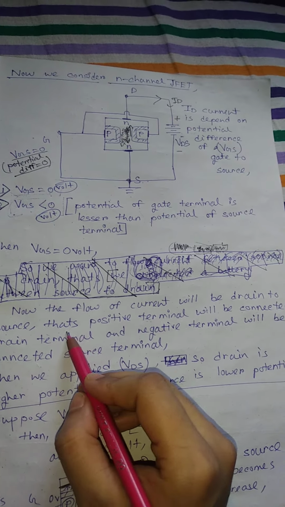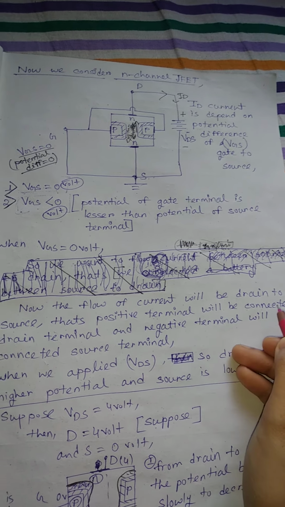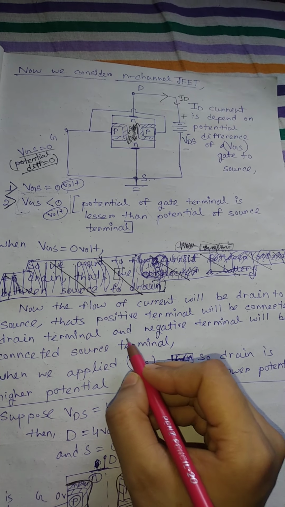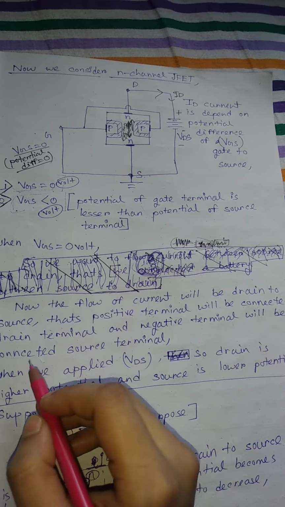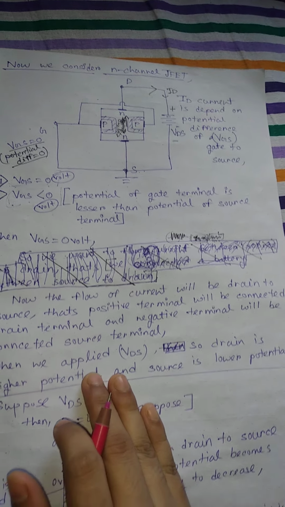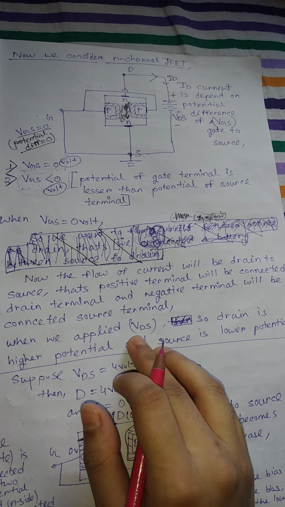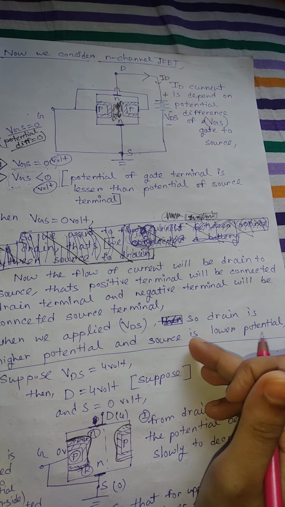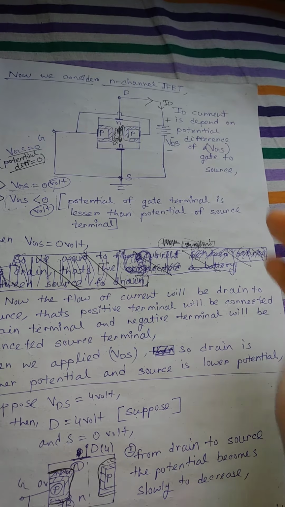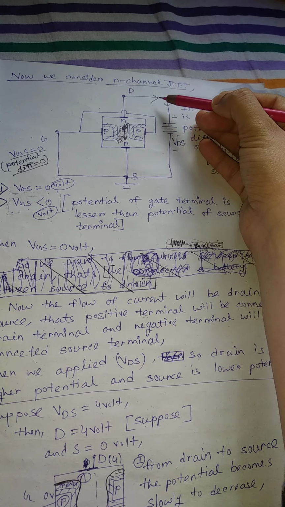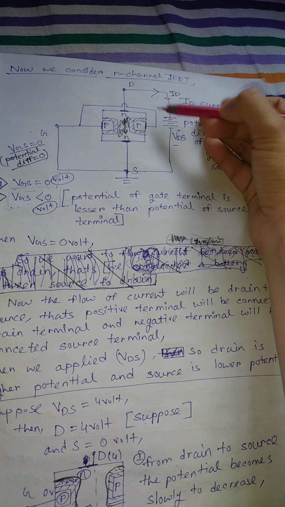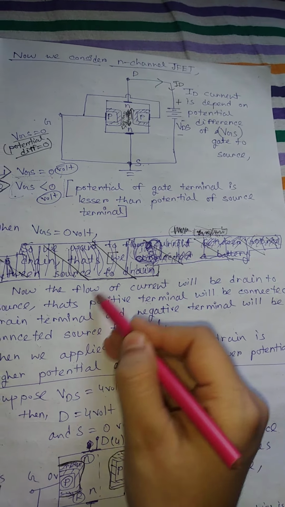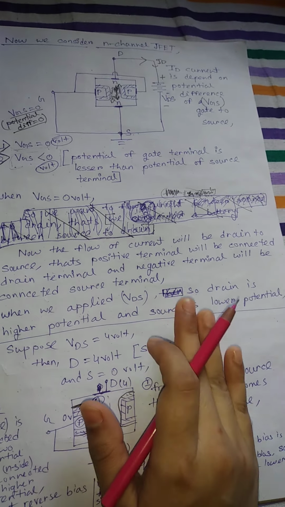Why? Because the positive terminal is connected to the drain terminal and the negative terminal is connected to the source terminal. So when we apply VDS, the drain is at higher potential and the source is at lower potential. That is why the ID current flows in this direction, drain to source. I hope you all understand.